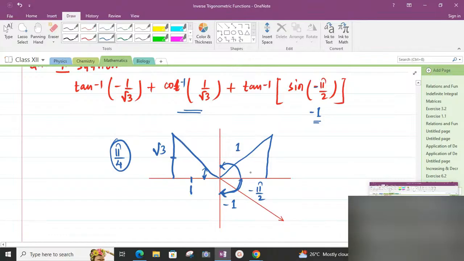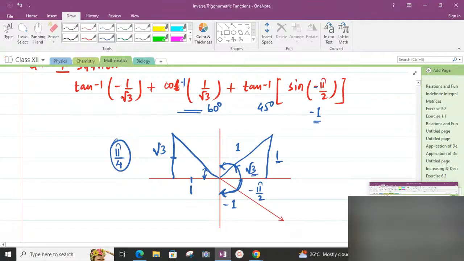P will be 1 and this is root 3, so this one will be 30 degree. We write tan 30 degree equal to 1 by root 3. Therefore cot will be 60 degree. So here will be 45 degree, 60 degree.